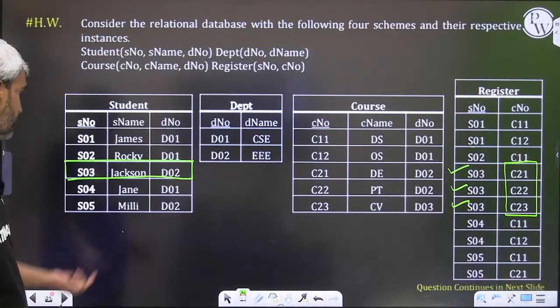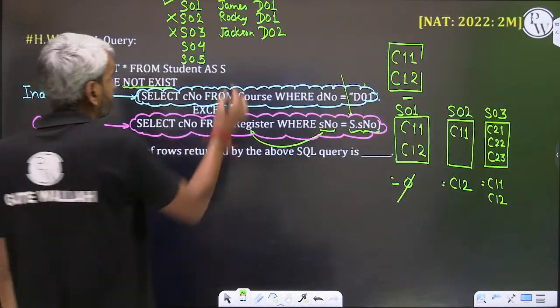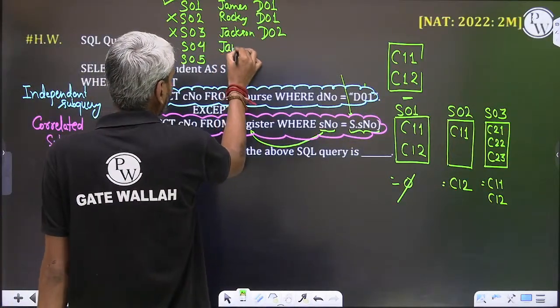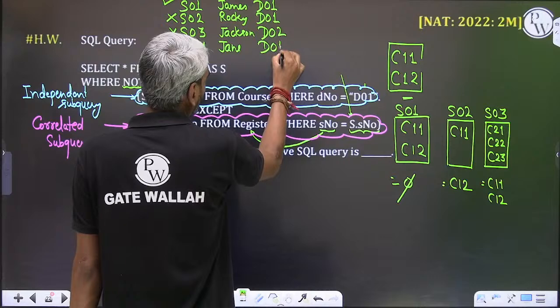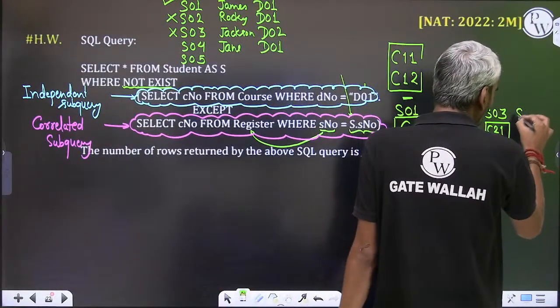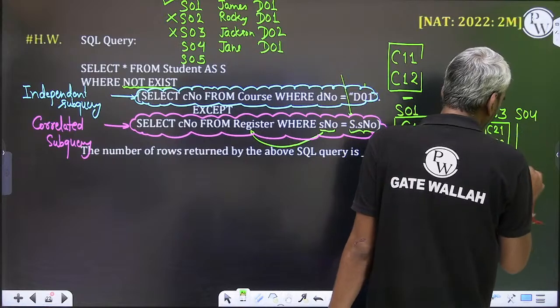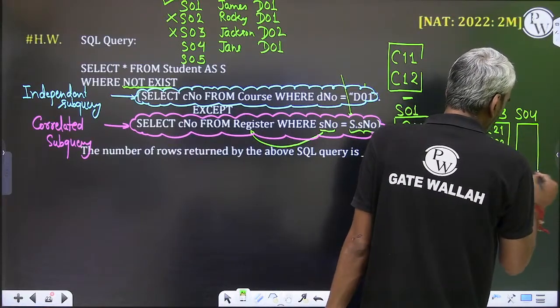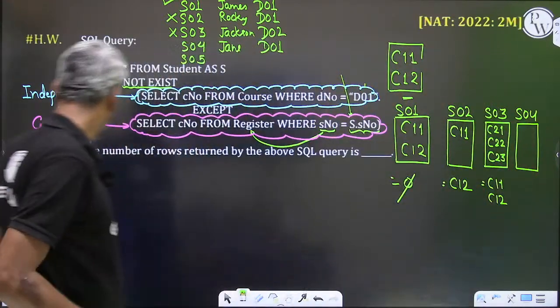So, the fourth one is S04 James D01. Now let's look at what exactly will be present in the output with respect to student S04.